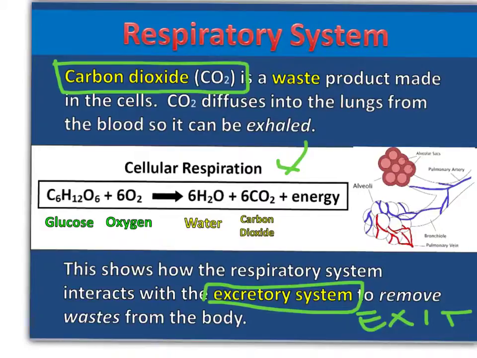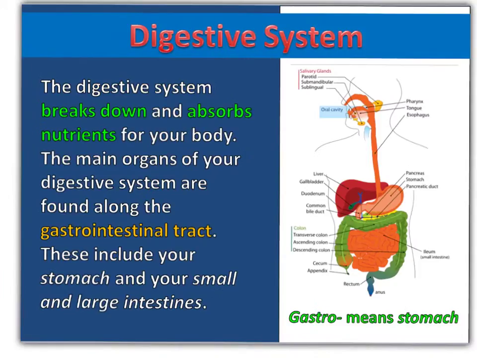Your next question is an easy question. It says, which body system digests and absorbs nutrients? If it digests something, it's your digestive system. Okay, the organs in your gastrointestinal tract, that's your next question.